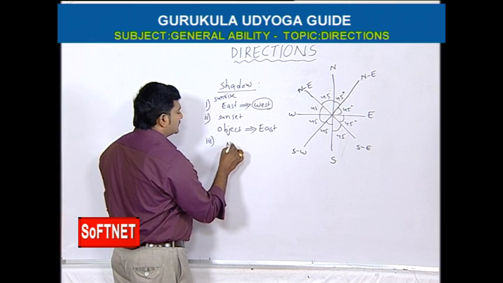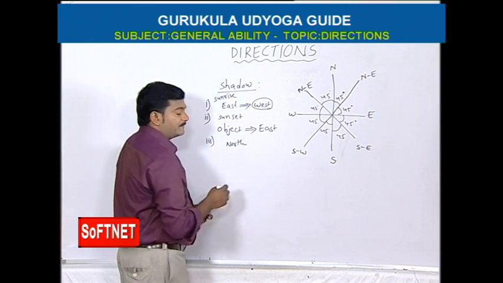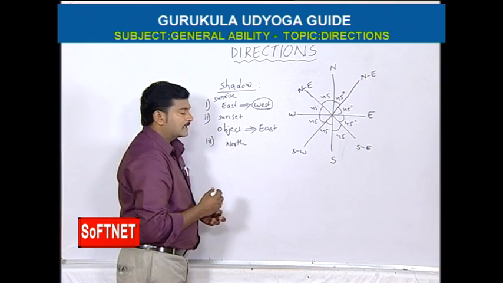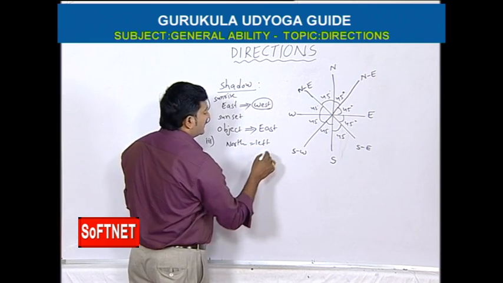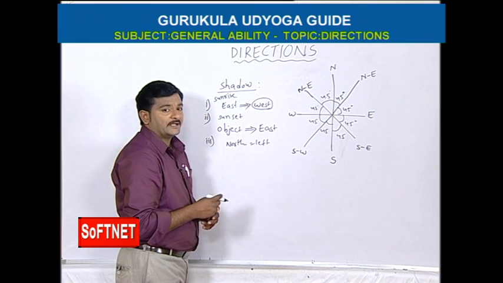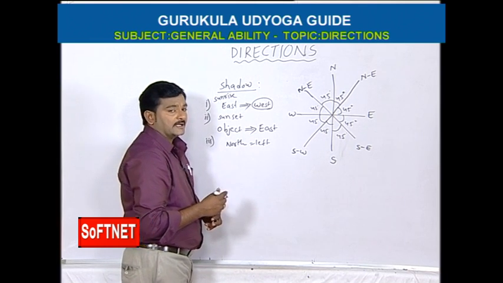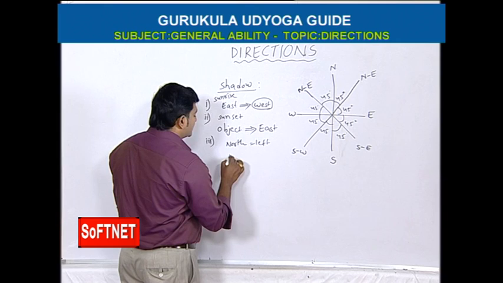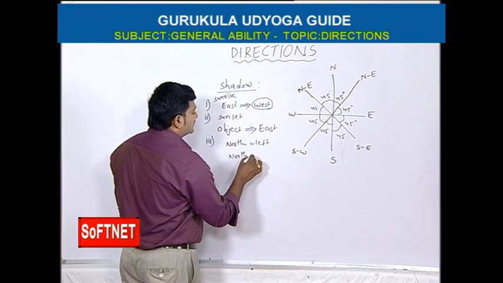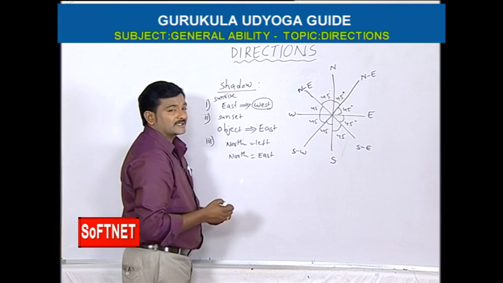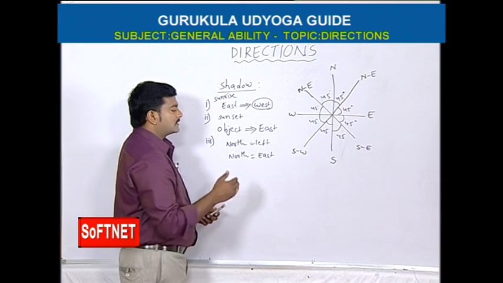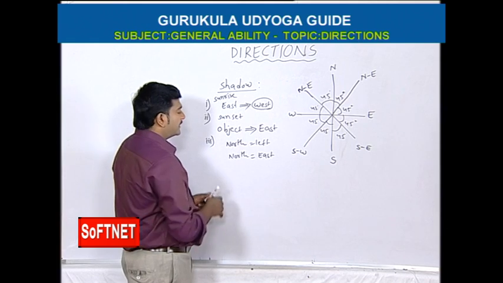So he is facing towards north direction, and his shadow will be always towards left at the sunrise time. And at the time of sunset, if the person is facing towards north direction, then his shadow will be always towards his right. What does it mean? Towards east direction.